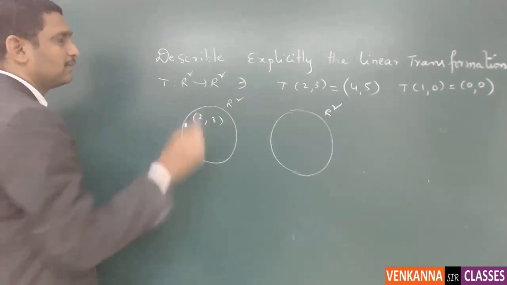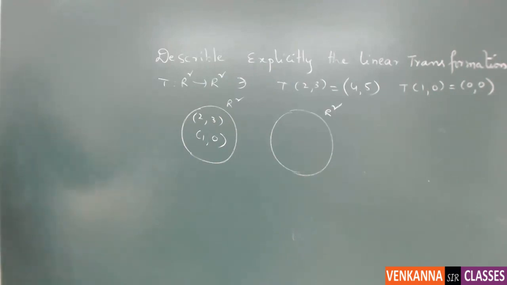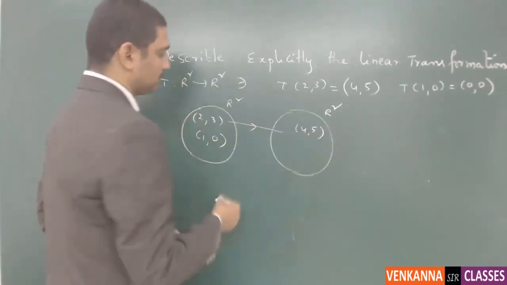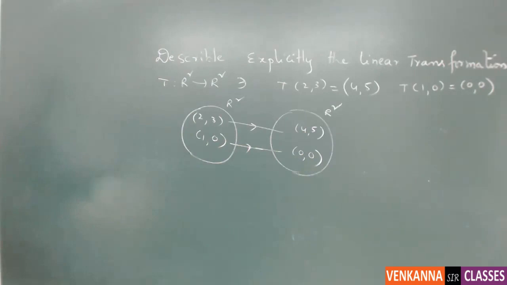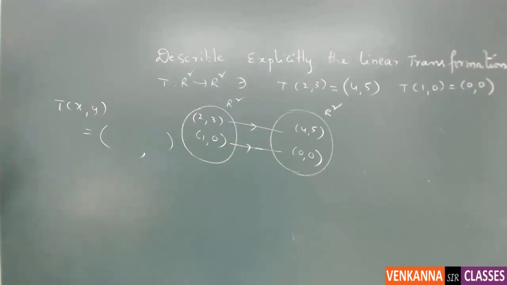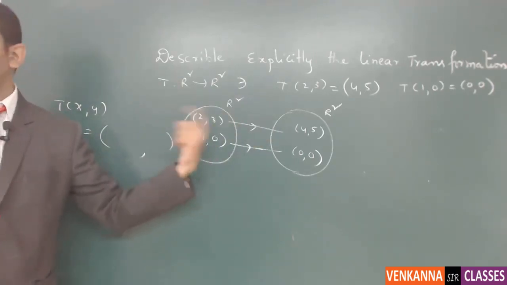One vector is (2,3), the other vector is (1,0). And I want to define a function T from R square to R square, which is a linear transformation such that it transforms the vector (2,3) as (4,5) and the vector (1,0) as (0,0). So is it possible to write a condition that T of (x,y) is equal to something such that if I apply the condition, (2,3) is transformed as (4,5) and (1,0) is transformed as (0,0)?